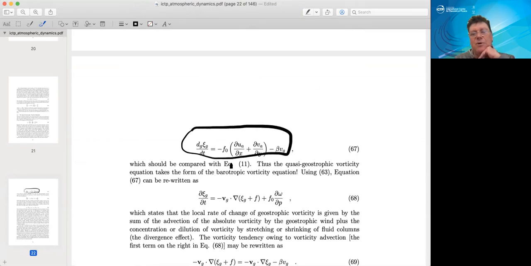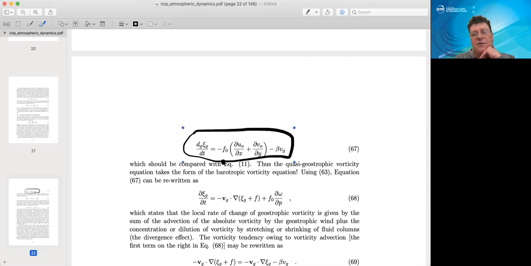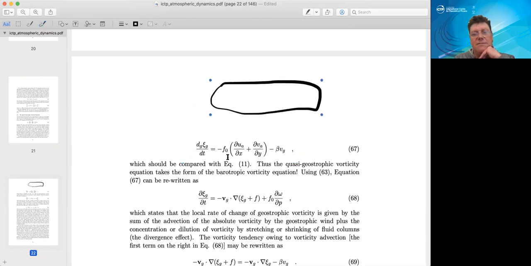Using this vorticity equation, we come to the same conclusion if we cancel this term, the divergence term. That term has to be 0 for our Rossby wave consideration here.